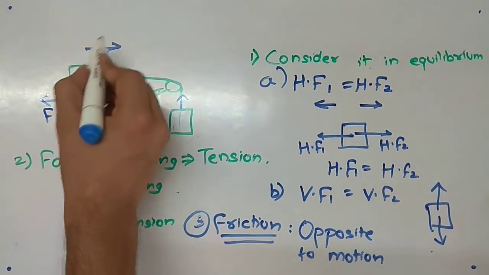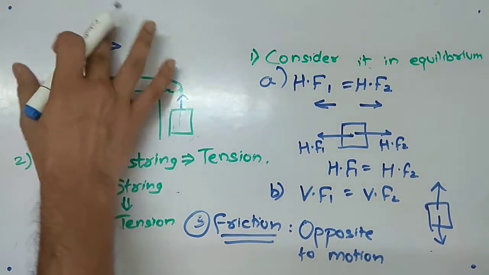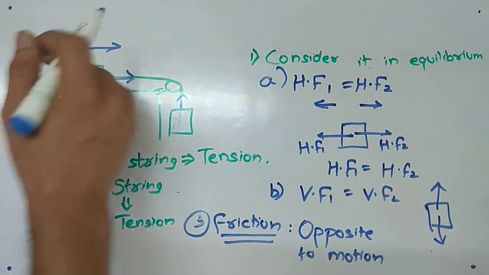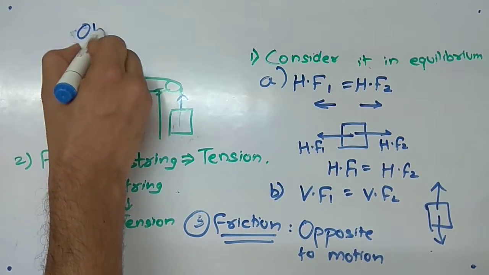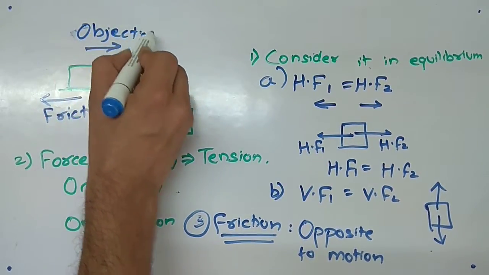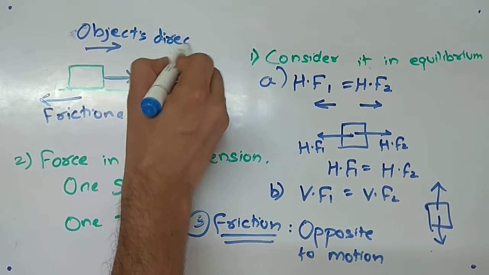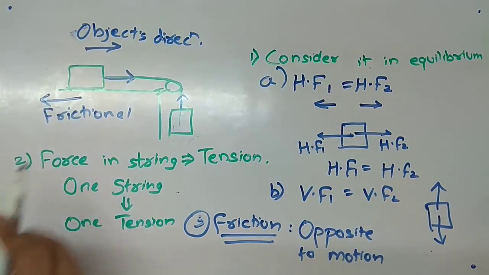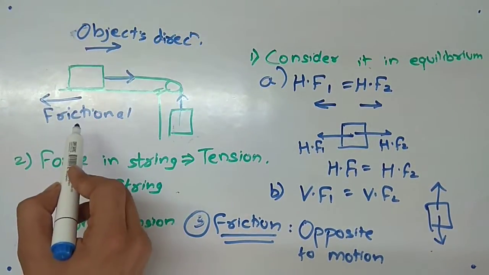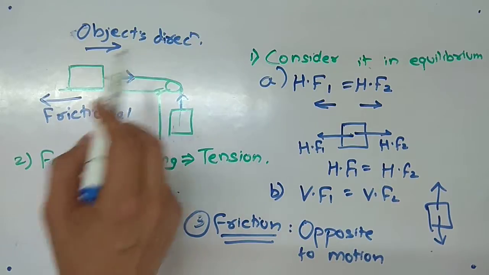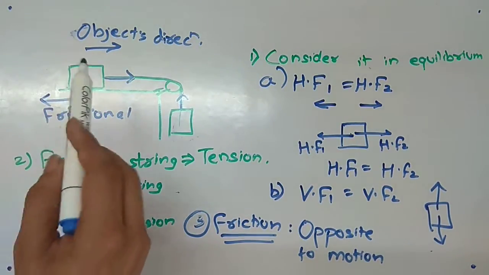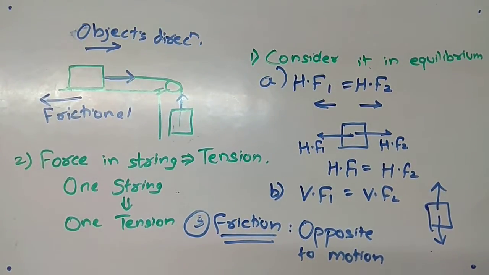Okay, this is our object's moving direction, and frictional force. So always remember that this frictional force and the direction in which the object is moving should always be opposite. Okay, so this is a basic thing.